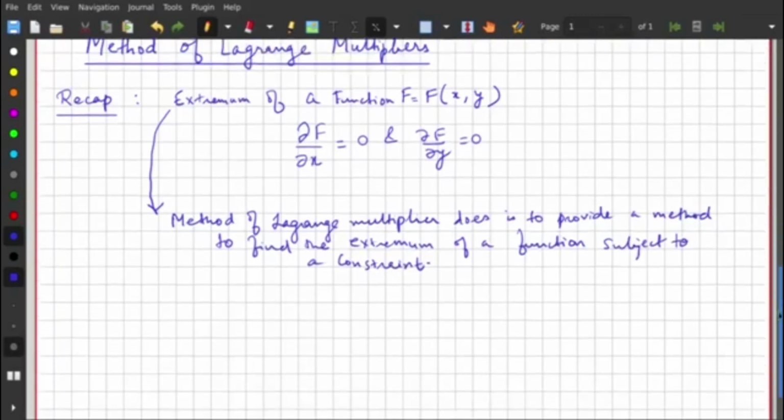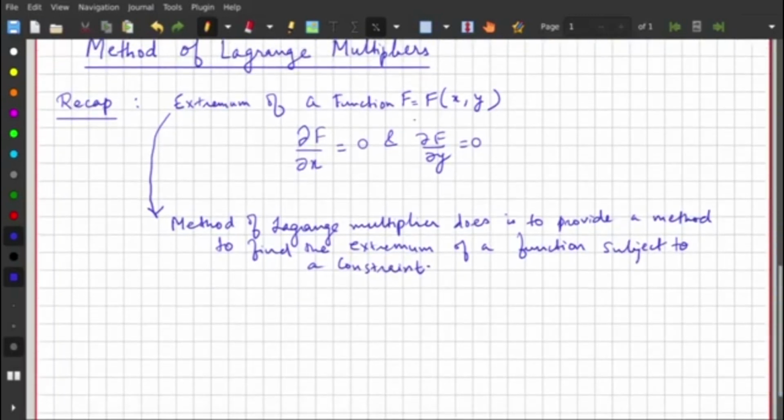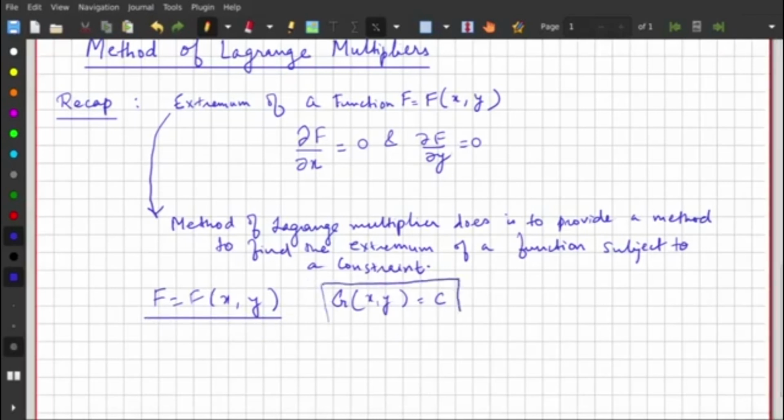So now, the general problem is, let's say we want to find the extremum of this function f of x y subject to the constraint that the function, let's say g of x comma y equals constant. So we want to find the extremum of this function, but there is a constraint equation between x and y.